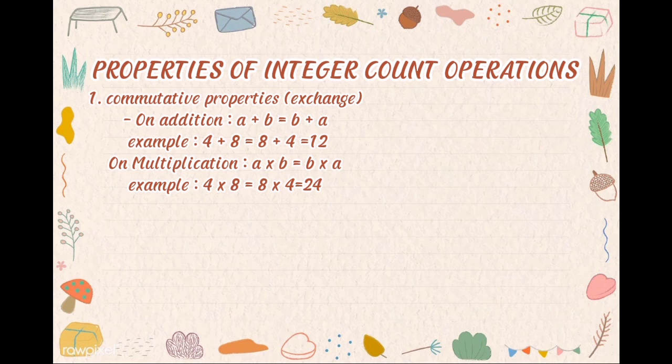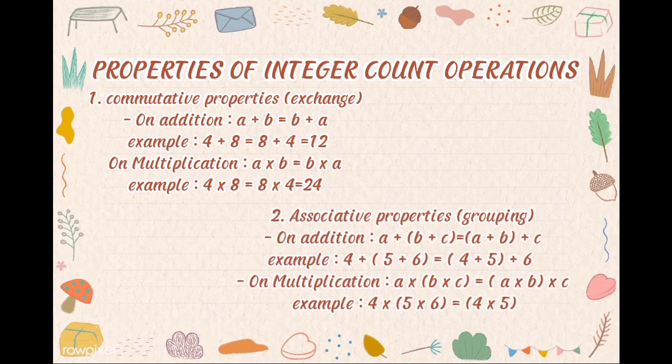For example, 4 plus 8 equals 8 plus 4 equals 12. In multiplication, the same applies: a times b equals b times a. Example, 4 times 8 equals 8 times 4 equals 32.